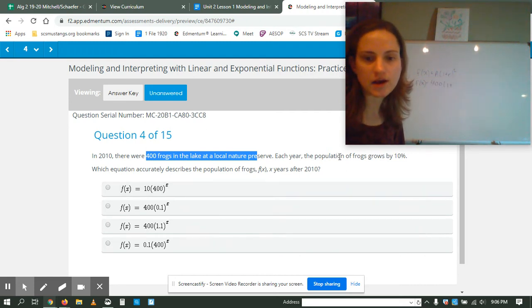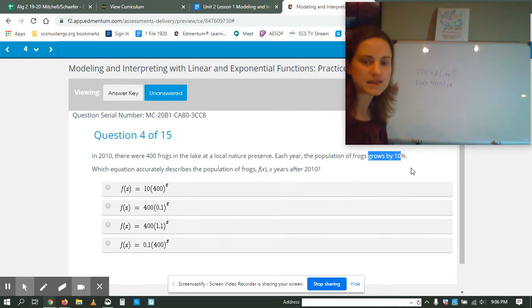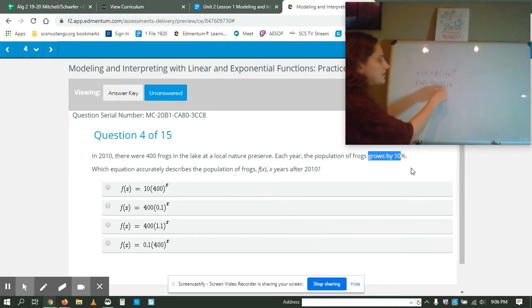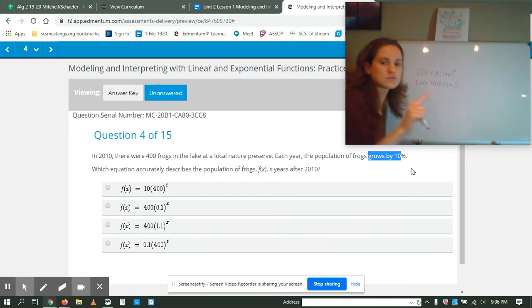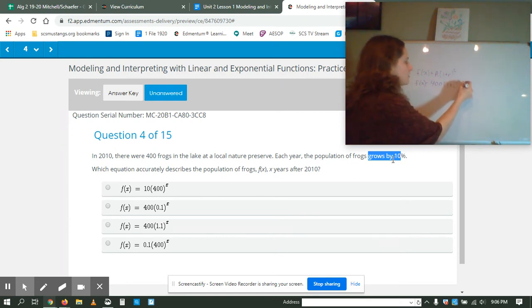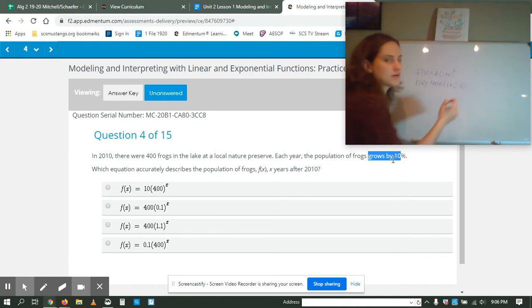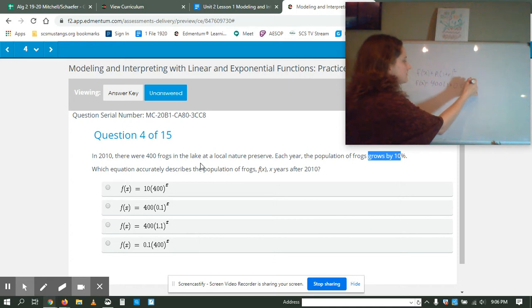So we need to find our rate out of the problem. We've got a population of frogs growing by 10%. We can't take that 10% and just put it in right here. We've got to switch that to a decimal because this 1 here is not a percent. So whenever we take that rate of 10, we've got to plug it in as a decimal. Move the decimal over 2 spots to the left, and that'll give us 0.10, and then they're using x for this.